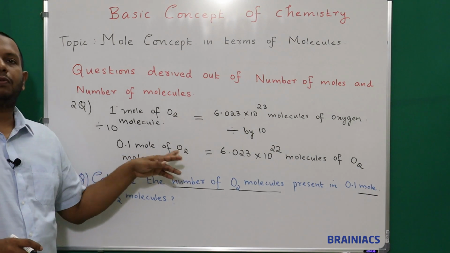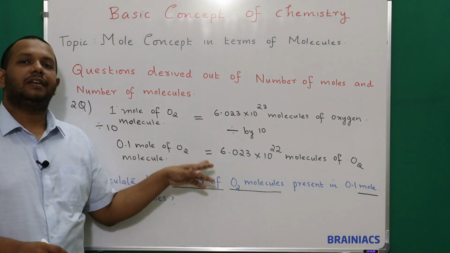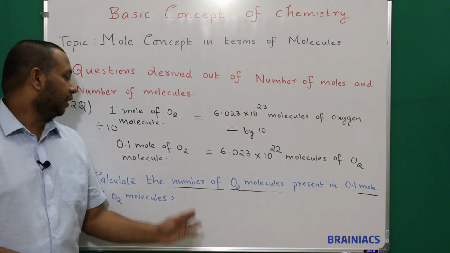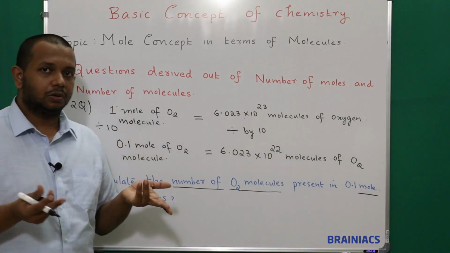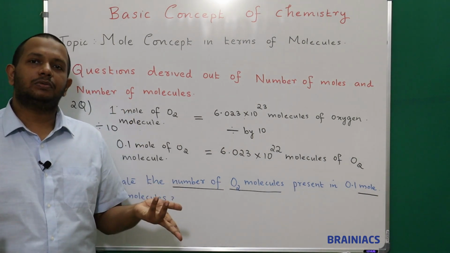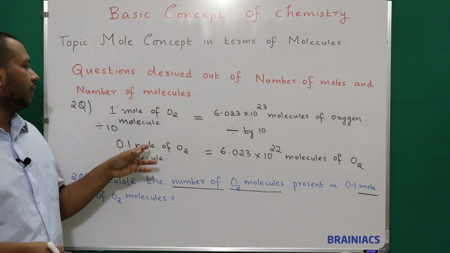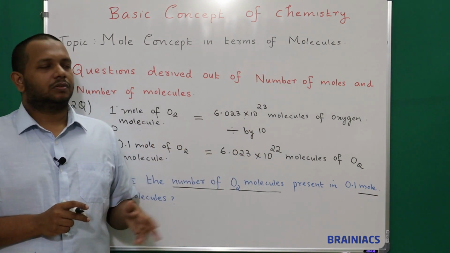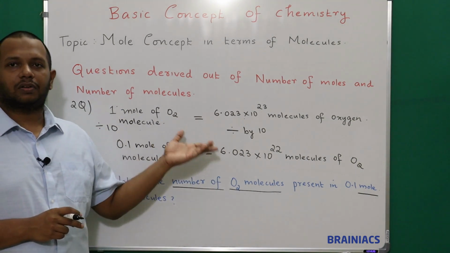So 0.1 mole of oxygen molecule will contain 6.023 into 10 power 22 molecules of oxygen. They can ask 0.2 also. So what you should do? How can you convert 1 into 0.2? Multiply by 0.2. Understood? So multiplying by 0.2, here also you should multiply by 0.2. You will get the answer. So this is very easy. I hope you are understanding this.